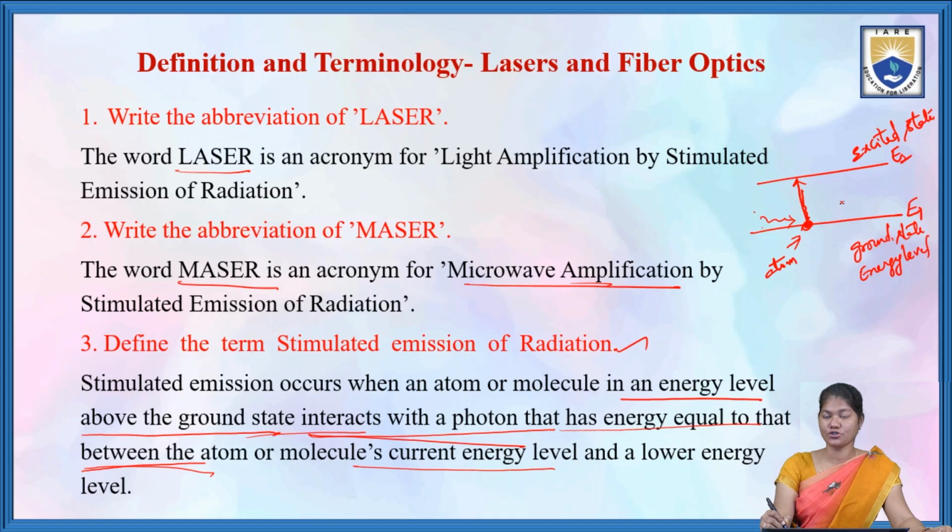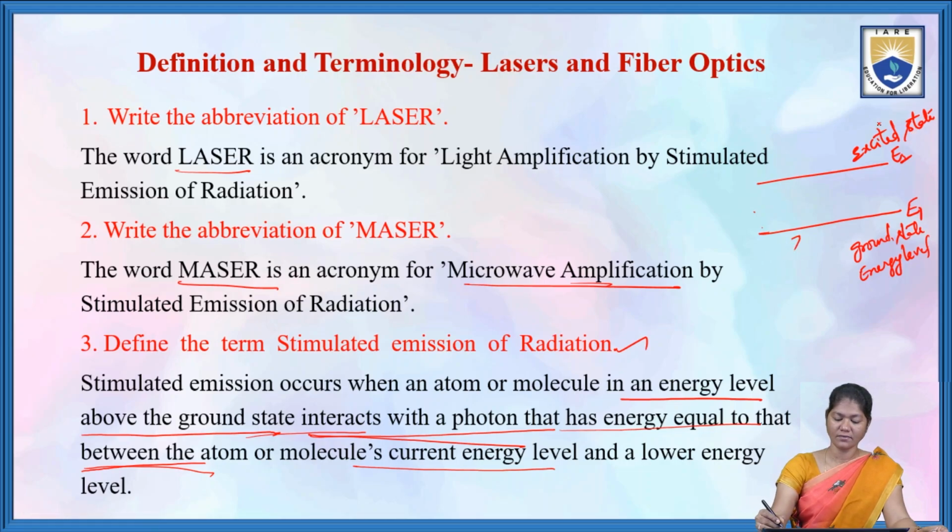When it excites to the higher energy state, two processes take place: stimulated emission and spontaneous emission. We are talking only about stimulated emission of radiation. So here there are two energy levels, suppose E1 and E2. E1 is the ground state energy level, E2 is the excited state energy level.